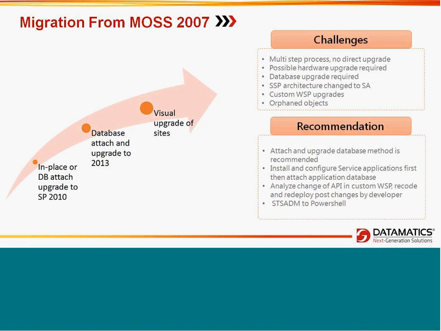So if 32-bit hardware was implemented in those days, we will have to go for a new hardware architecture, which is 64-bit architecture.